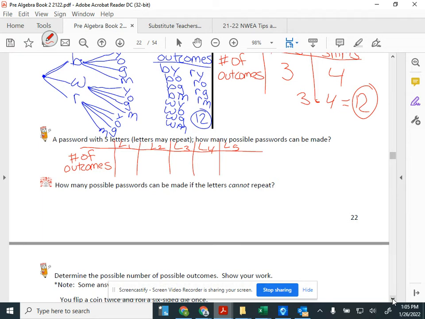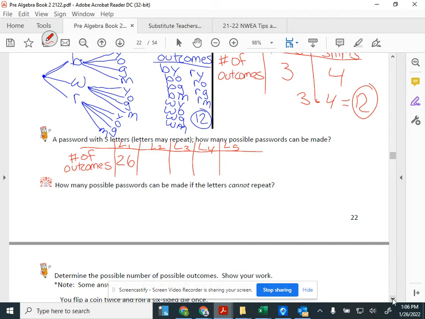So, how many possible outcomes do I have for my letter 1? Joseph? 8. How many letters are in the alphabet, Joseph? So how many possible outcomes do I have for letter 1? 26. I got 8 because you can only put in 8 units in a password.